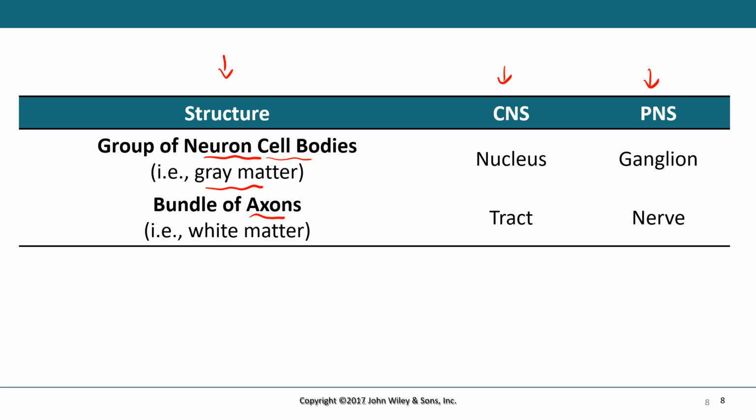In the central nervous system, the neuron cell bodies are called a nucleus, while in the peripheral nervous system they are called a ganglion. And the bundle of axons in the central nervous system is called a tract, and it is called a nerve in the peripheral nervous system.